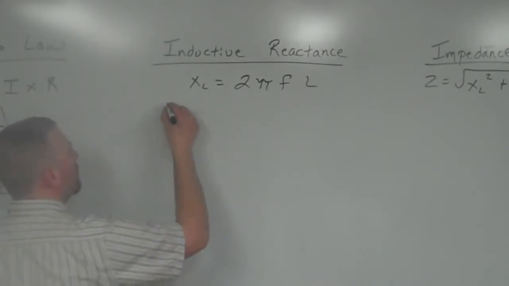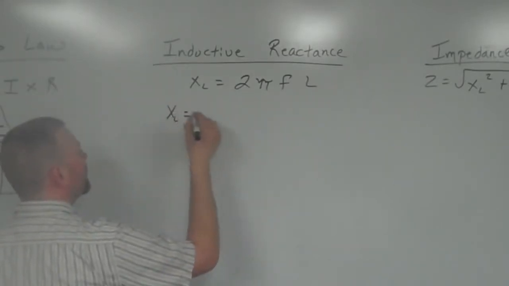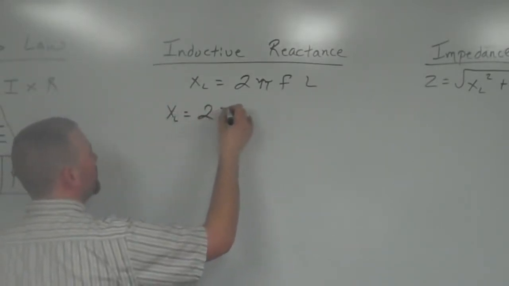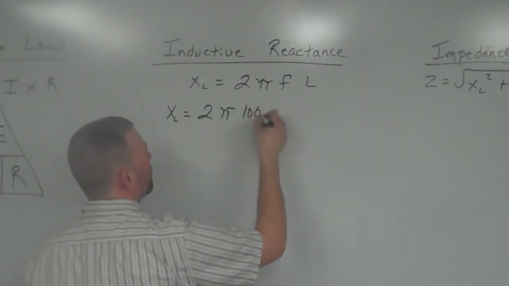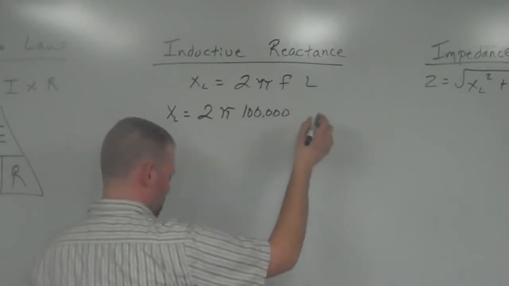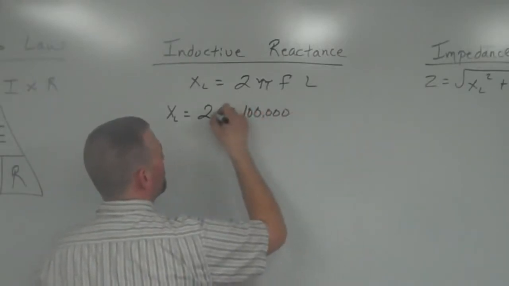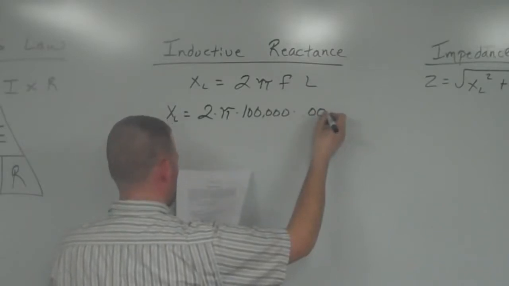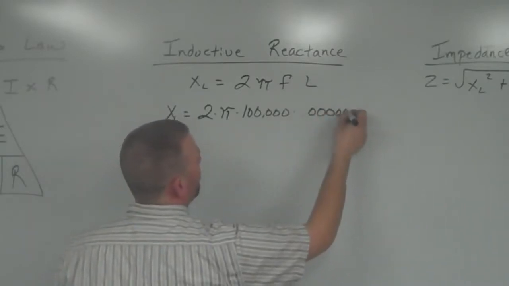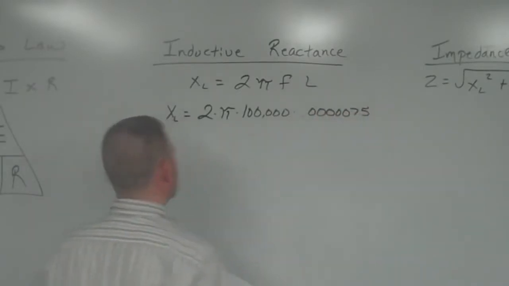So, X sub L, or inductive reactance, equals 2 times pi times the frequency of our setup, which is 100,000 hertz, times 0.123457 henries.